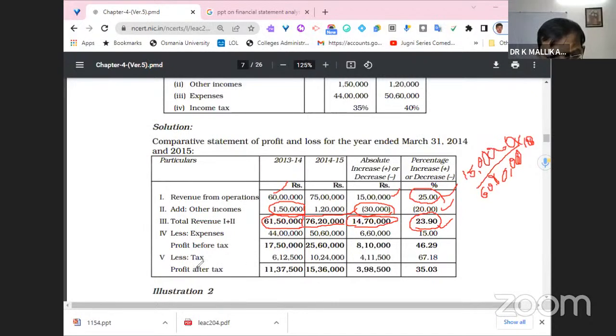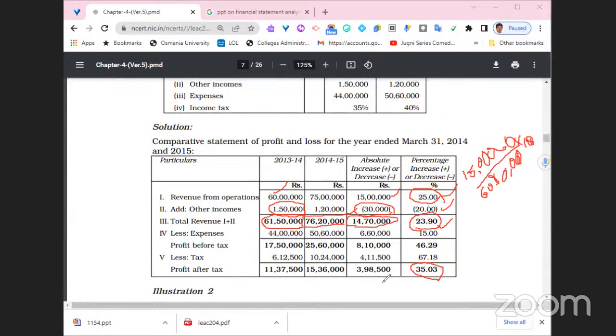Now the same case. See that PAT, profit after tax. How is this figure calculated? 3,98,500 divided by 11,37,500, into 100. So what does it mean?